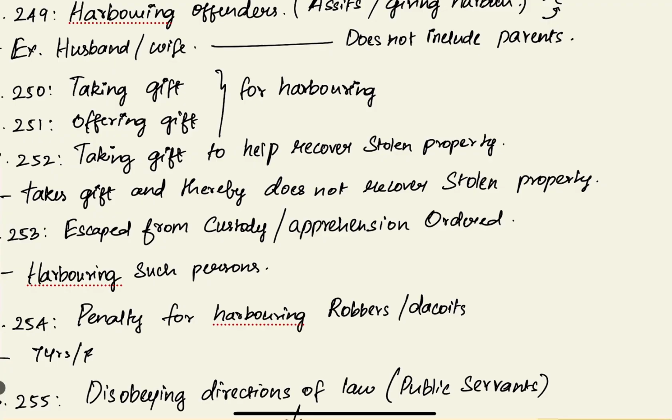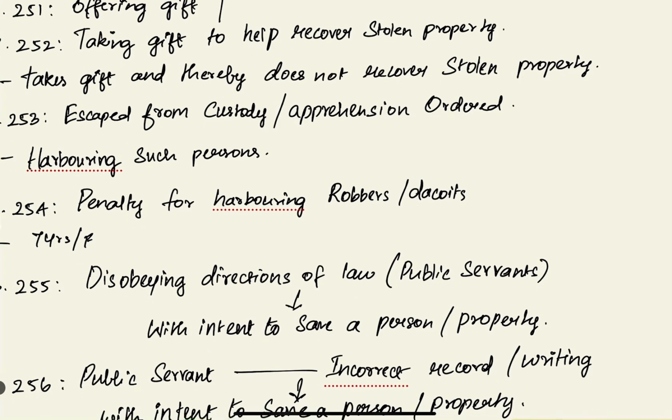Section 250 deals with taking evidence, and section 251 deals with offering gift for the purpose of harboring. And section 252 deals with taking gift to help recover stolen property.